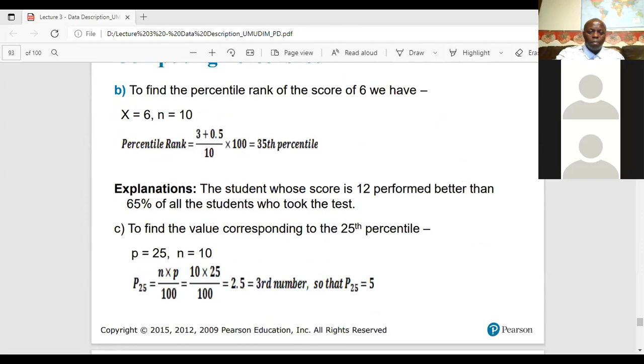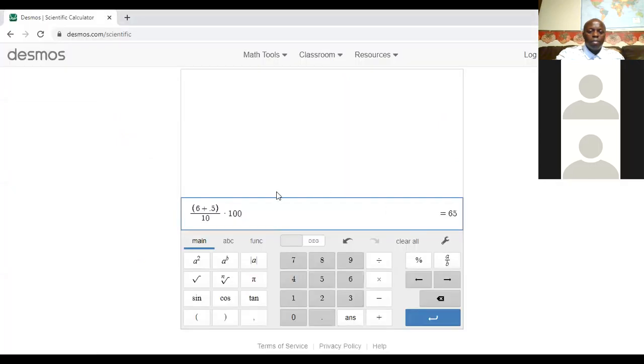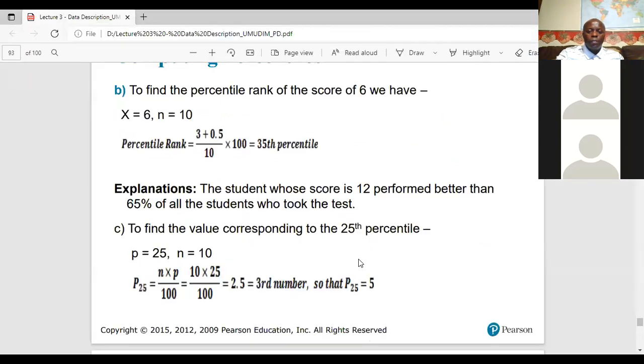So again, we go to our calculator. I'm going to change this to 3, and I'll get 35. So this gives us the 35th percentile.